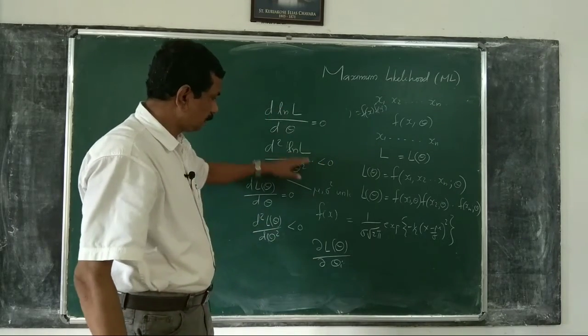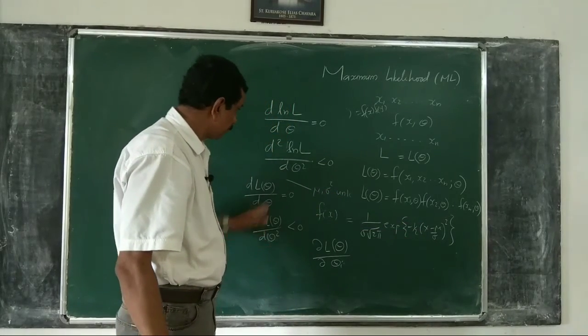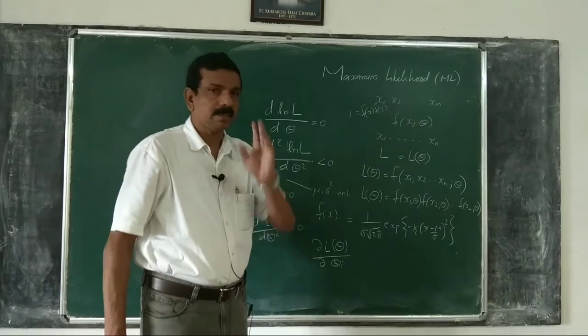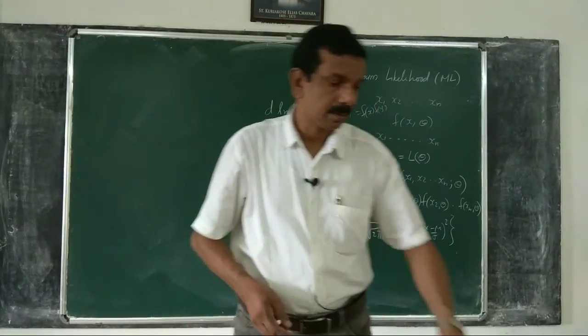If we have many parameters, as in the case of normal distribution, we use dou instead of d. And this is the idea behind the method of maximum likelihood.